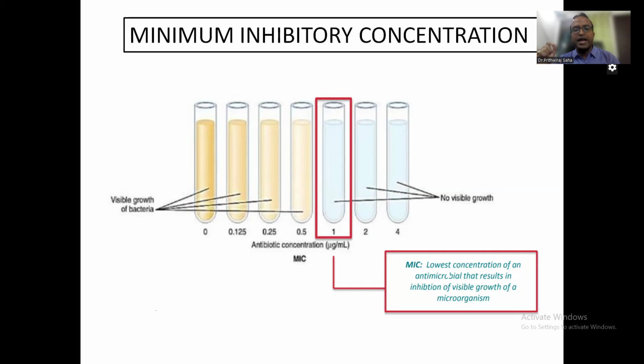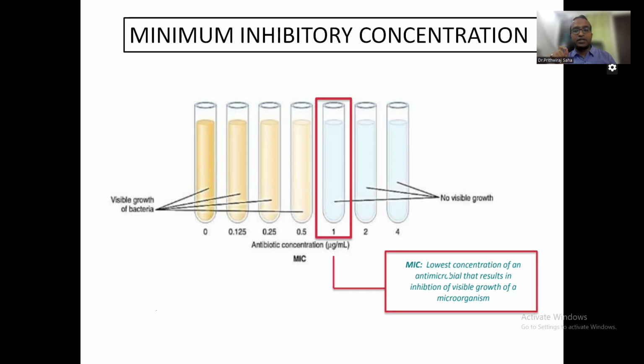What do you mean by that? The lowest concentration of the antimicrobial or the antibiotic that results in the inhibition of the growth of a microorganism. The minimum or the lowest concentration which is causing it is known as the minimum inhibitory concentration.